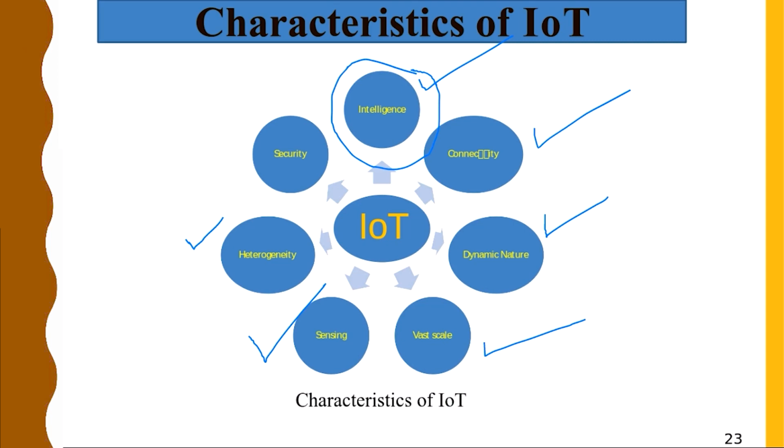That difference in the sensing, in their behavior, in their computing, that is heterogeneity. They are not just computers which are connected to make a network. Those things are different from each other, and all of them are making a network. This is heterogeneity.